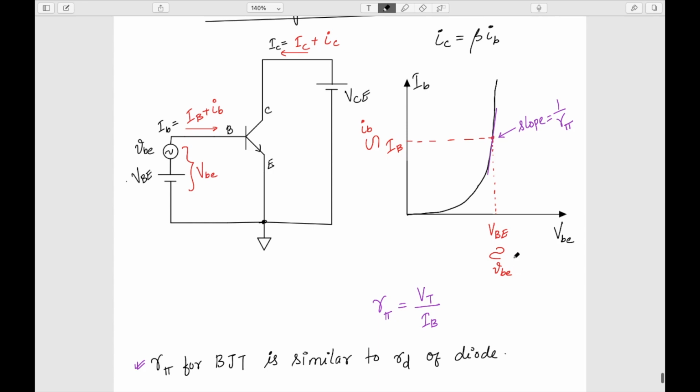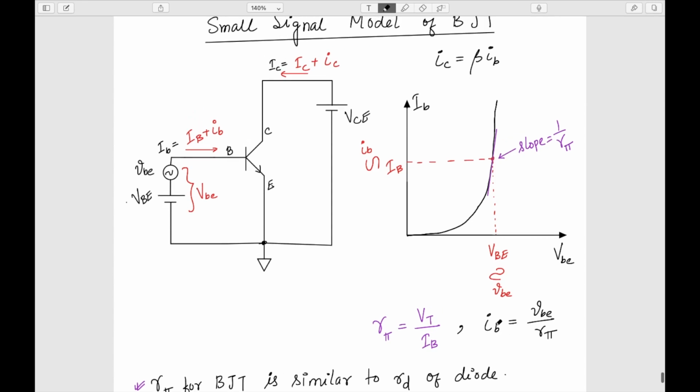We can find the change in this IB by multiplying the x-axis change with the slope. So IB is equal to VBE by R pi. This is the same as the small signal analysis of the diodes.